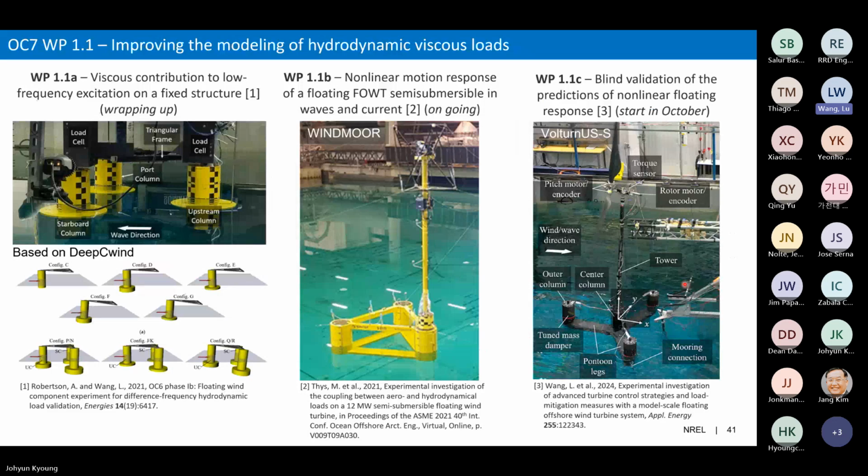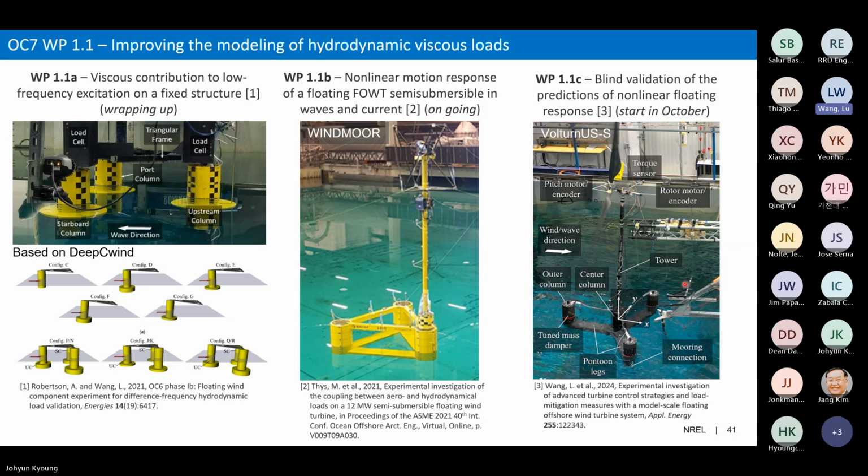All right, as I've mentioned, the OC project at its core is a validation project using experimental data. Even though we're focusing on specific phenomena, in work package 1.1 we're trying to improve the modeling of hydrodynamic viscous loads on offshore wind platforms, with the help of three wave-basin experimental data sets. From left to right, we have an experimental campaign focusing on the nonlinear wave loads on a fixed structure.